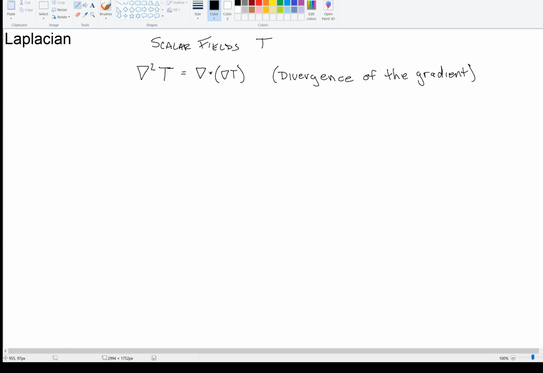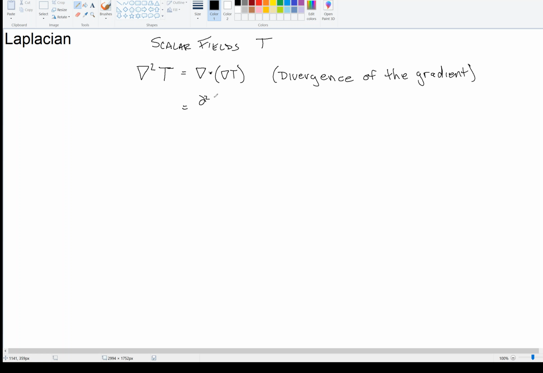Does the Laplacian of a scalar field give us a scalar, or does it give us a vector? Think about it. It gives us a scalar because the last operation that we perform is a dot product. The dot product is a scalar.